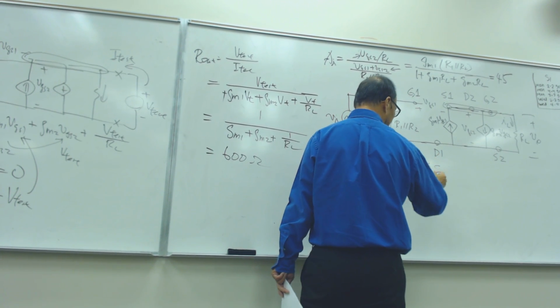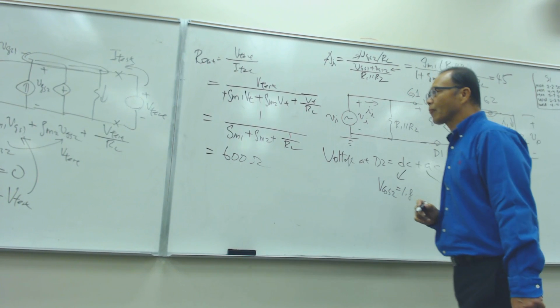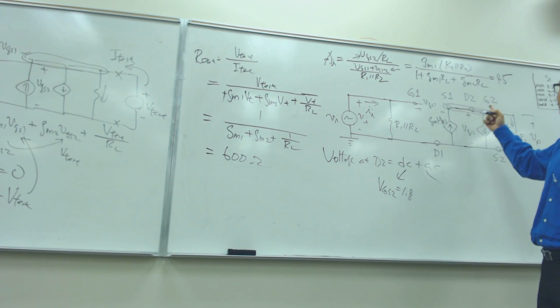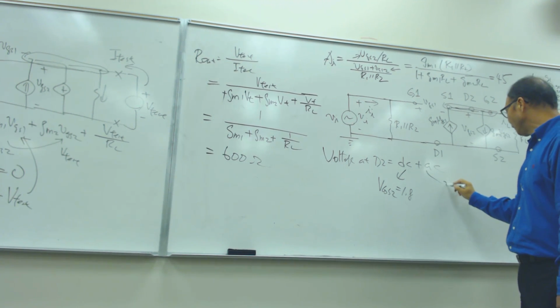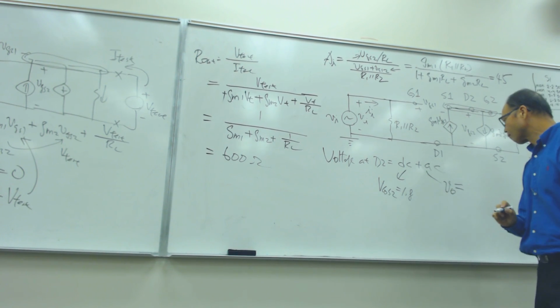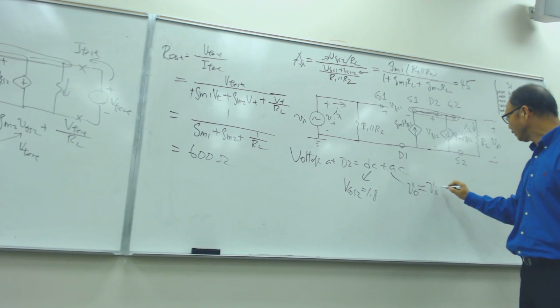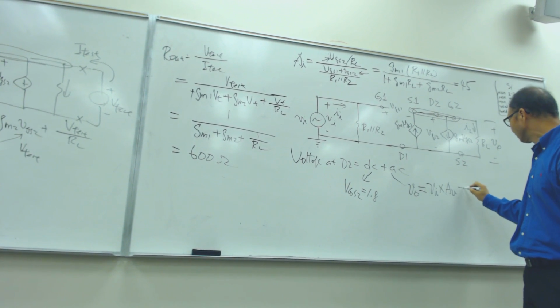Yes? Okay, for the AC, now you have to come to the AC circuit, right? So you're talking about the voltage here, right? Here to the ground. So that's V sub O, yes? So V sub O is equal to V sub I times A sub V, yes?